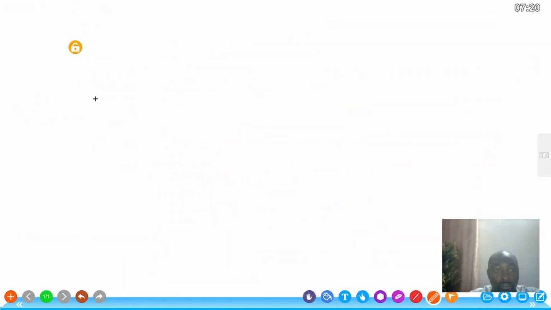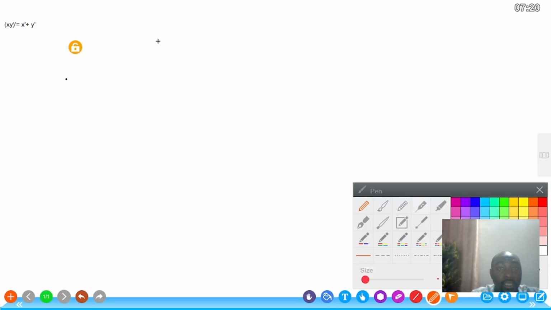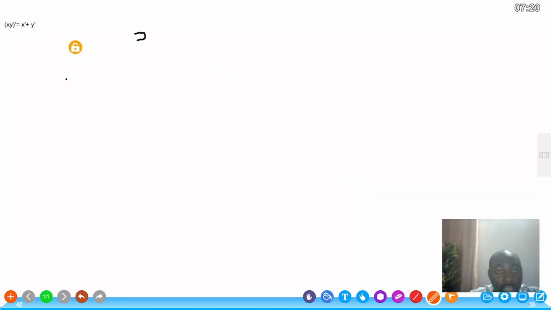Let me try to copy that. Okay, I've copied that. Let's enlarge it. So what we are looking at is x y, all bracket prime, is equal to x prime plus y prime.